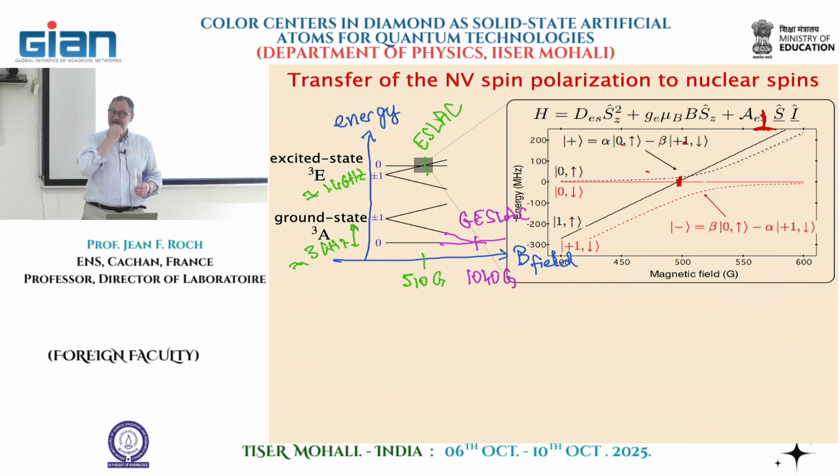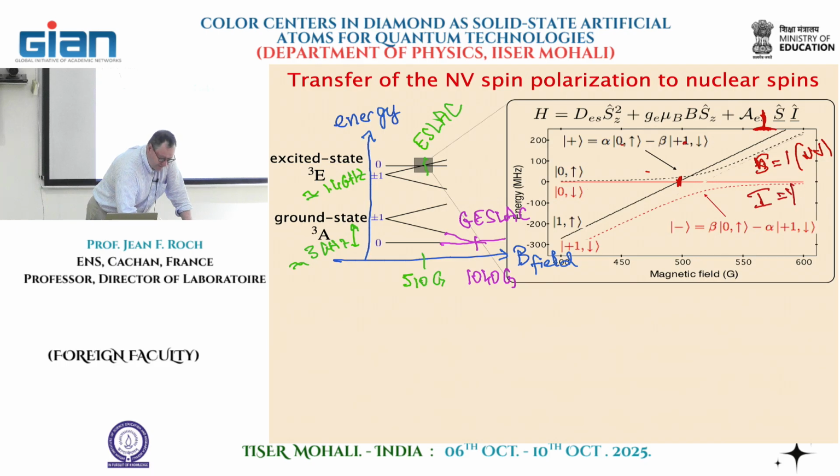This was written for s equal 1 for the NV, and I equal 1/2 to simplify. Suppose it's nitrogen 15, for instance. It could be the same for nitrogen 14, and we'll see it, but we just have to write it down more carefully.